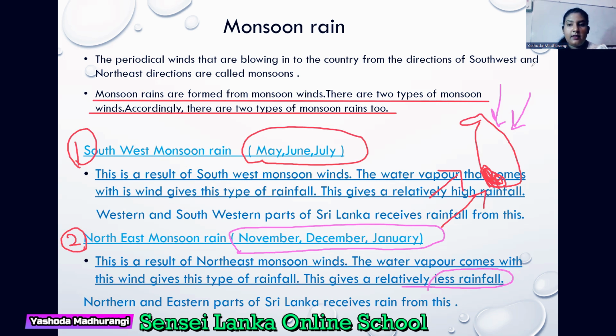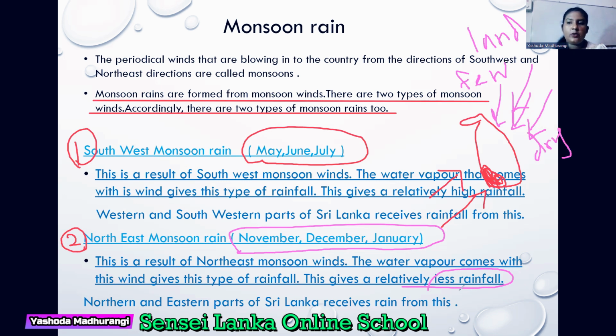Why? The northeast monsoon wind is coming from a very big land area. So it has only a limited amount of water vapor. So it is a dry wind.